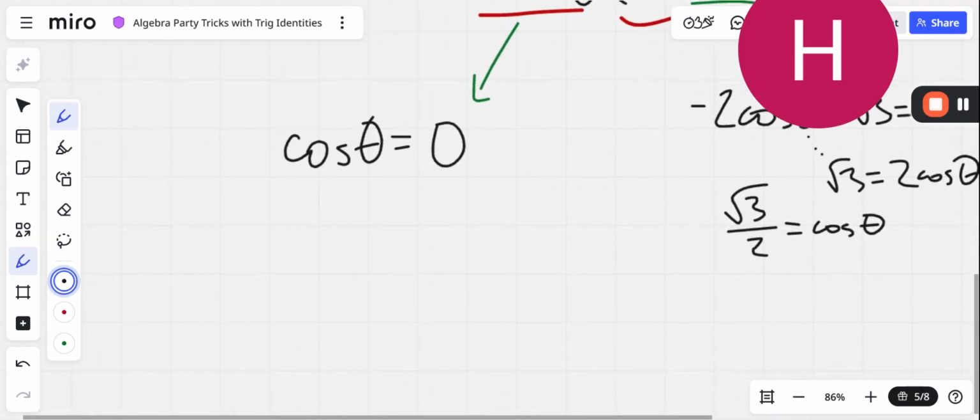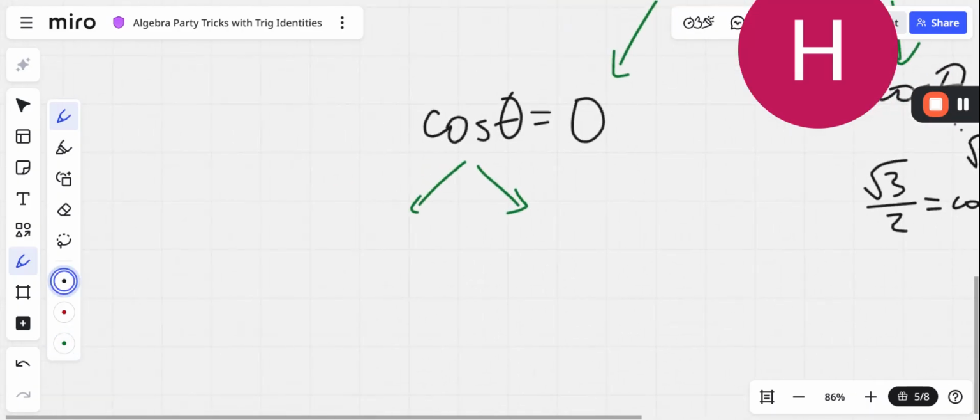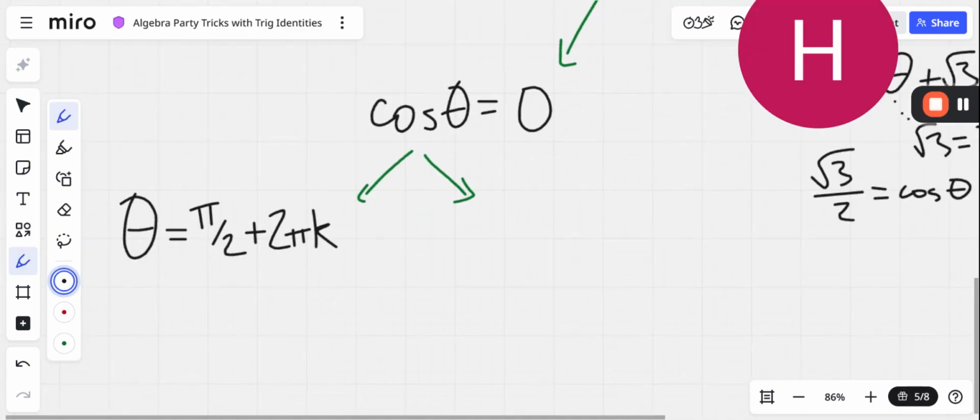And that rule says that when cos theta equals 0, our theta could be the inverse of 0, which is pi over 2 plus 2 pi k, or theta can be negative pi over 2 plus 2 pi k.